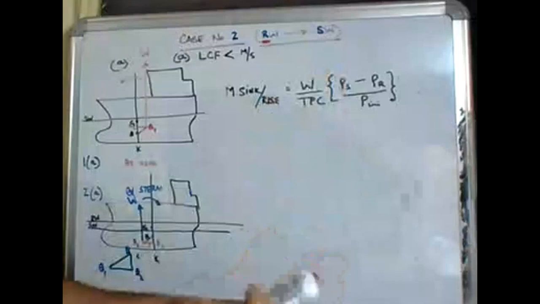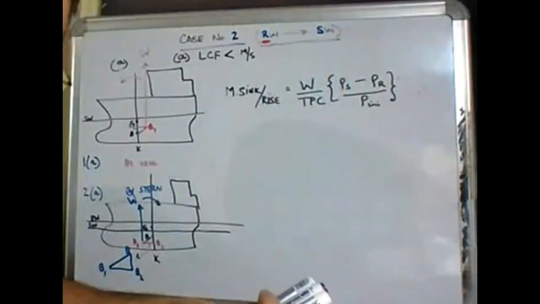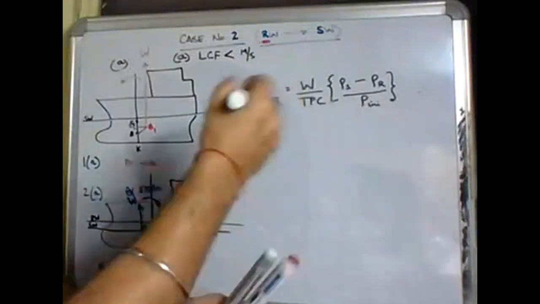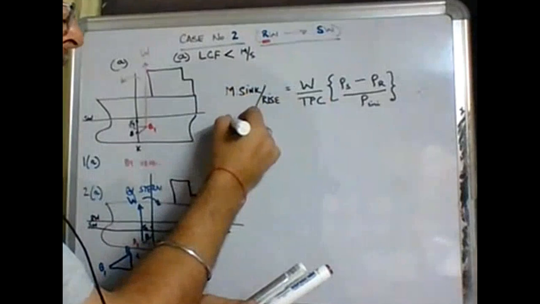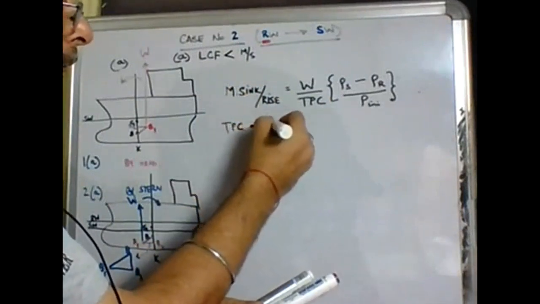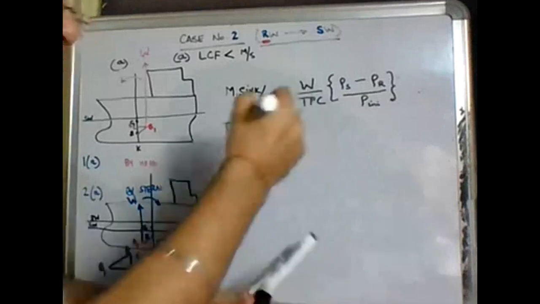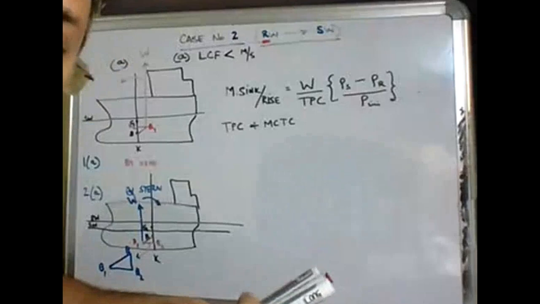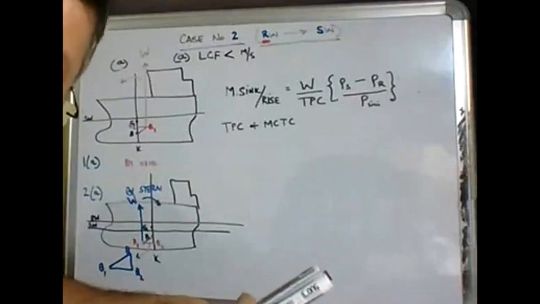If I give you a question, okay, now another question. We know TPC and MCTC change with density. Which TPC and MCTC will you use in this case?